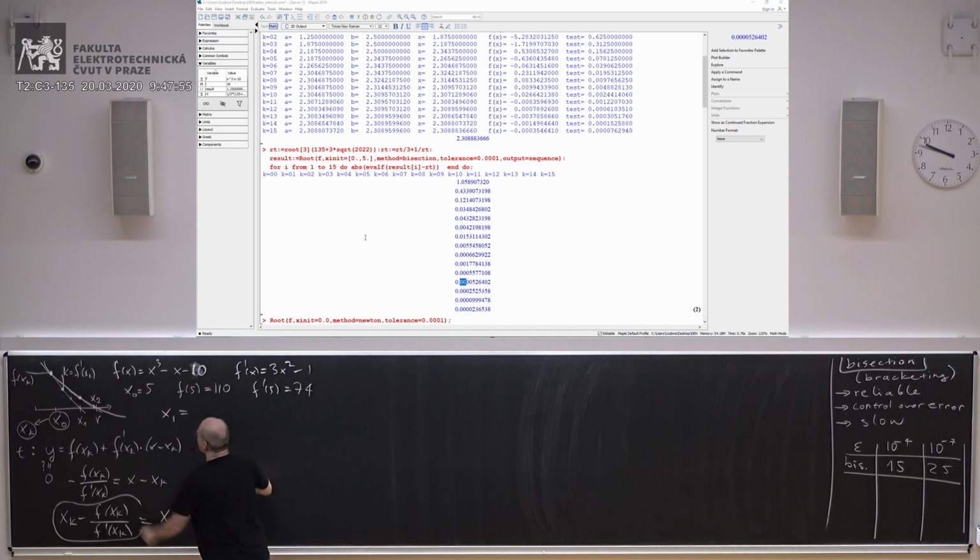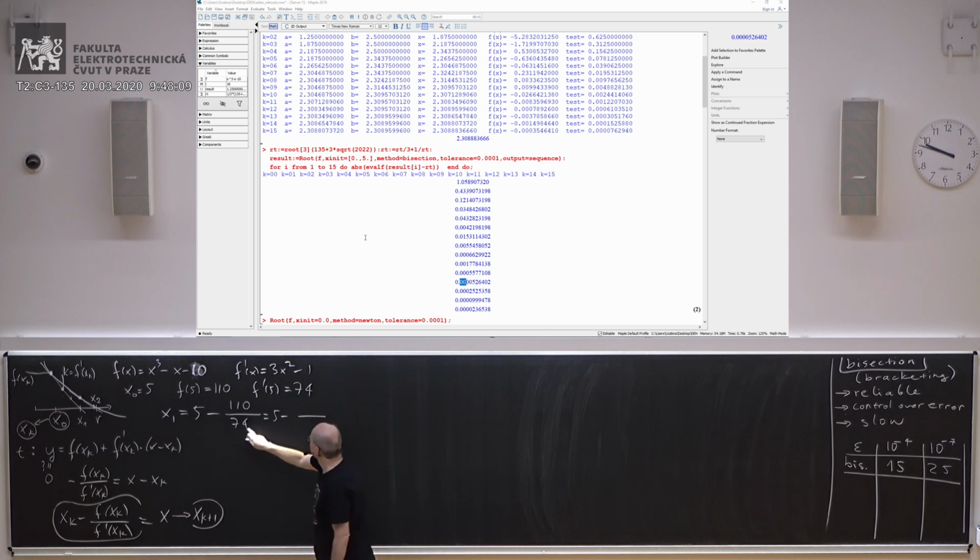x1 is 5 minus 110 over 74, which is 5 minus, I don't like it, 55 over 37. The 110 is divisible by 5, and the 74 is not. The 110 is divisible by 11, and the 74 isn't.